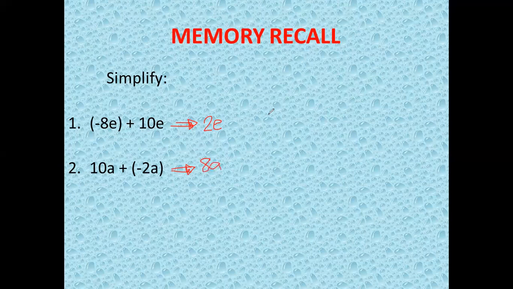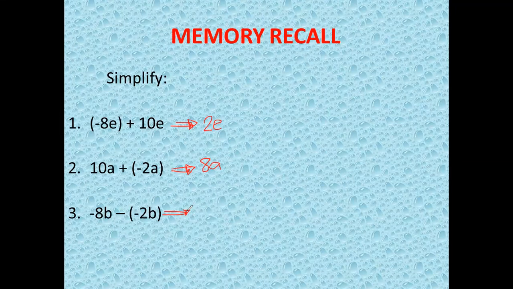Now, what about the third one? Let me ask Sheena. Negative 8b minus negative 2b. What is the answer, Sheena? Sheena, please unmute.